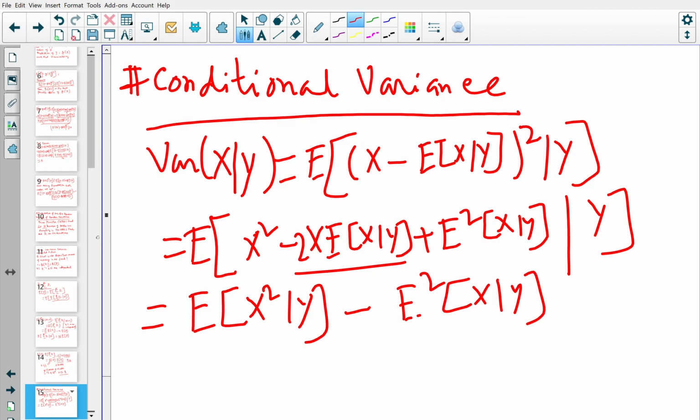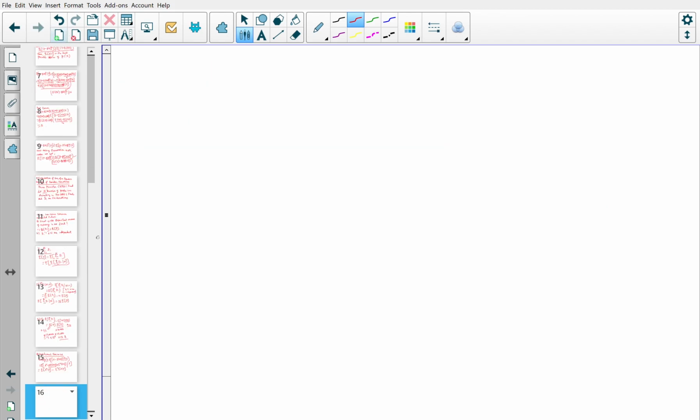But we have a very interesting formula that involves both the conditional variance and the conditional expectations. So let me write it down as a theorem.